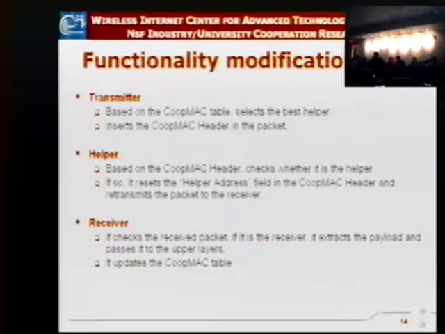As regards the receiver, it gets the packet. If it is the receiver, it extracts the payload plus the CoopMAC header. It gets rid of the CoopMAC header and gives the packet to the higher layers. And every time it gets a packet that is useful for the update of the table, it updates the CoopMAC table.